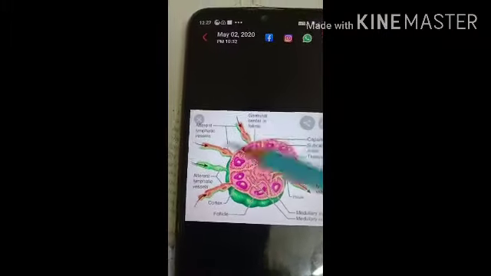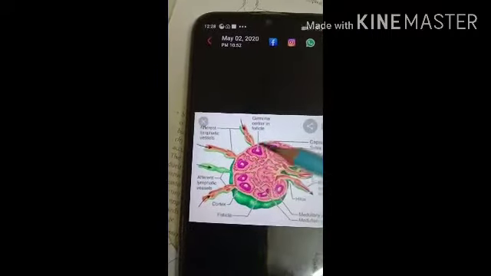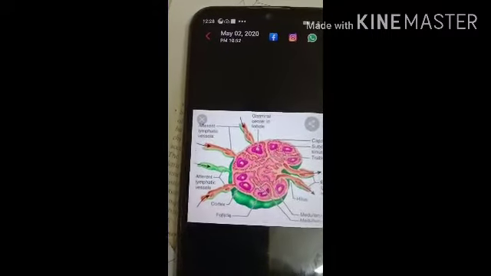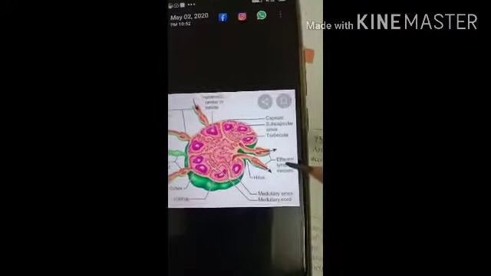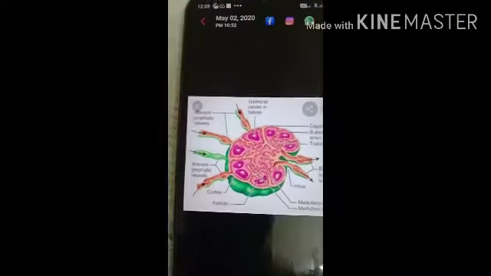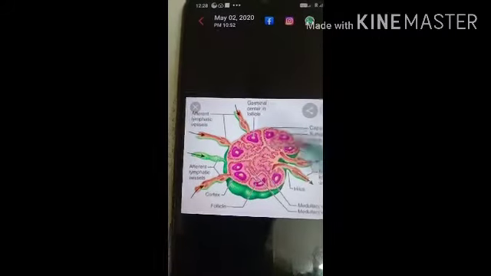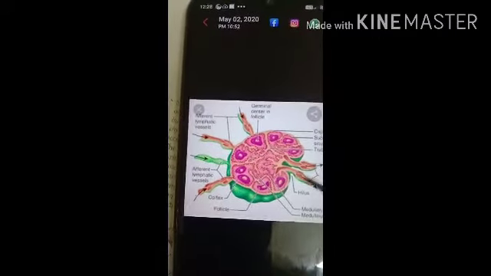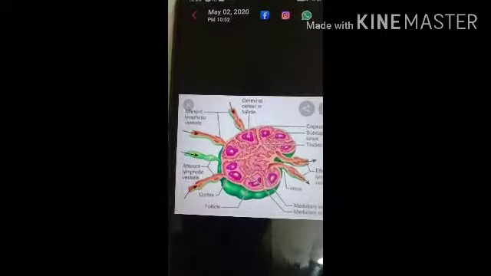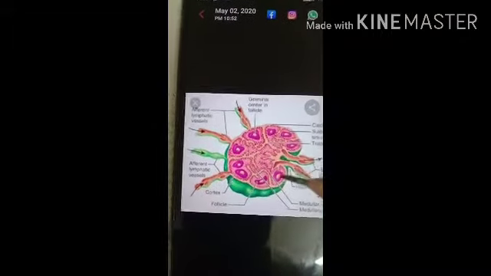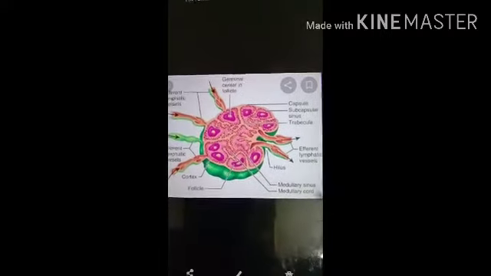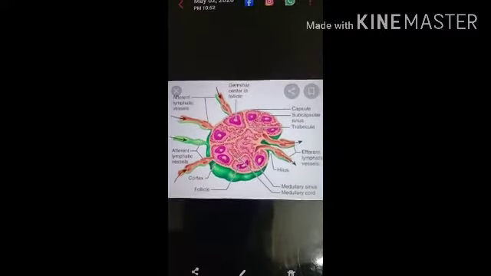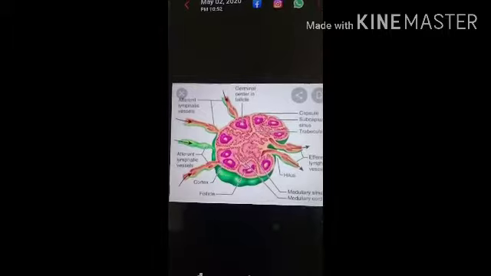Fluid enters the lymph node through the afferent vessels, is filtered in the cortex, and after filtering comes into the efferent vessel and drains away. So that is the lymph node.